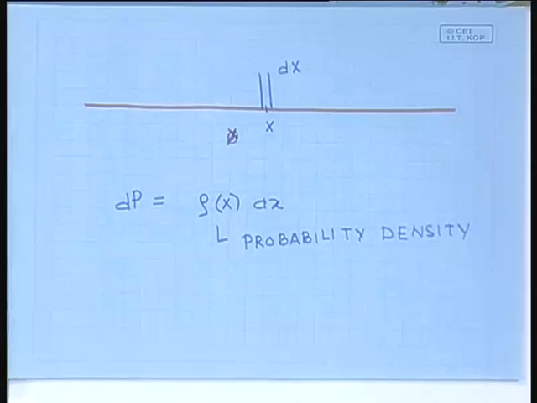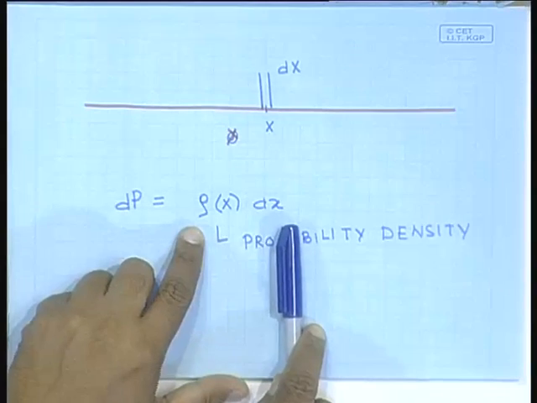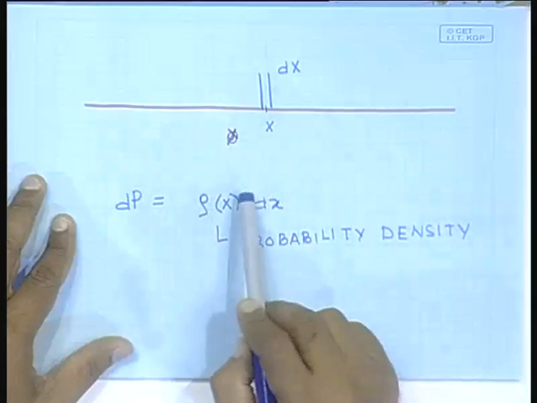So, what we have seen now is that when you have a continuous variable, you have to deal with a probability density. You cannot deal with the probability of finding the particle at some point. The question that you can ask is, what is the probability of finding the particle in some interval around a point, and this is given in terms of the probability density rho into the interval dx.